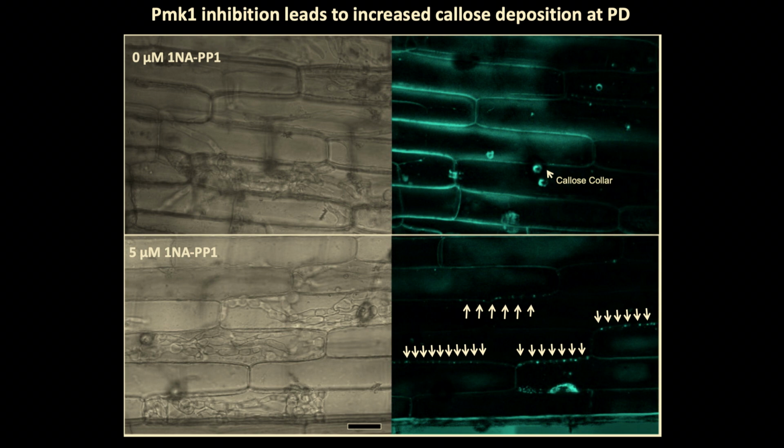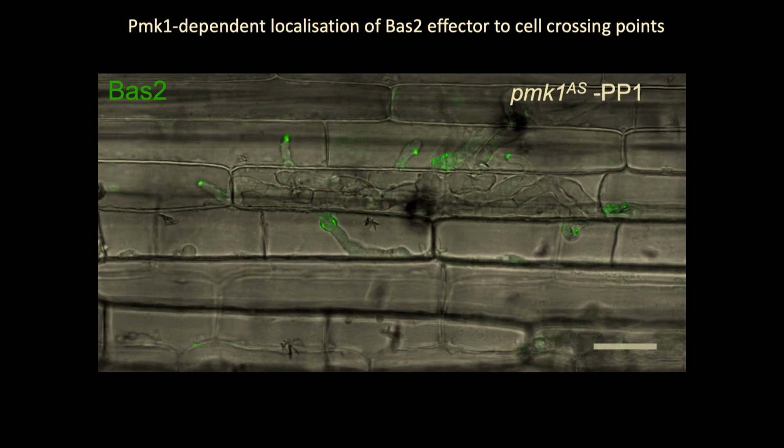So what about those effectors that we know localize to crossing points? This is one of those fungal effectors. This is BAS2, and we know it's normally at these crossing points and also present in the biotrophic interfacial complex in cells that are being occupied. This is in the PMK1-AS strain, again, in the absence of the inhibitor. This is what would normally happen in the wild type. So the effector is localized into those crossing points.